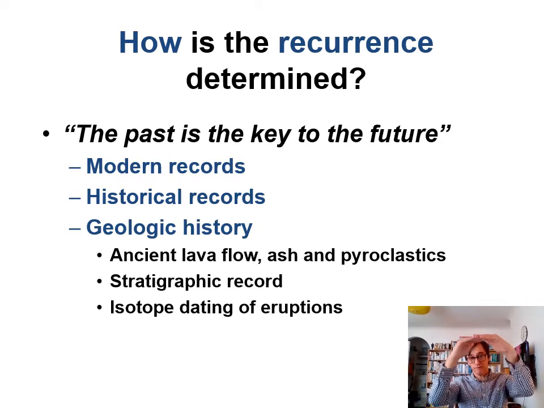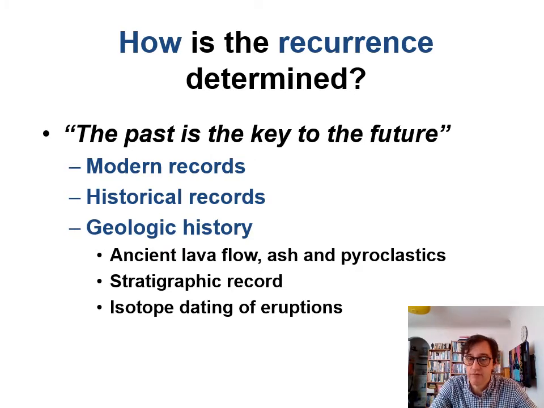Basically, the stratigraphic record is a history layer by layer. As you get deeper, you get older typically, and through those layers in the stratigraphic record, you try to date these events, which isn't always easy, but there's different techniques you can use to date ancient lava flows, for example, or ashfall deposits.